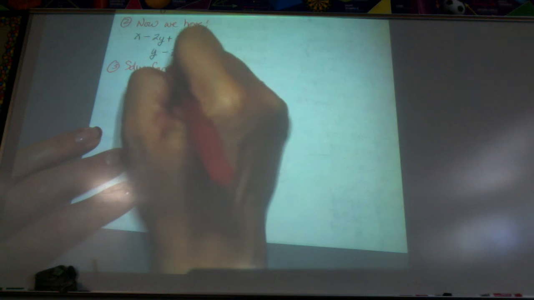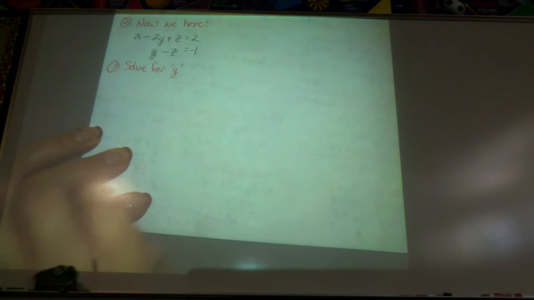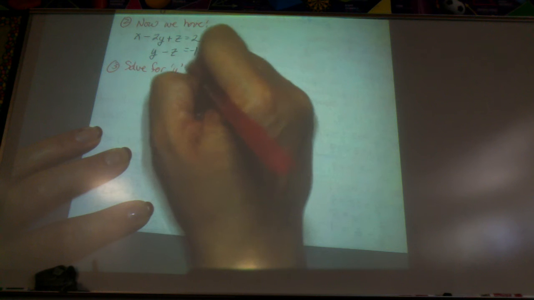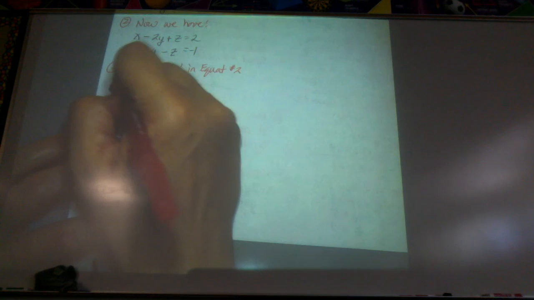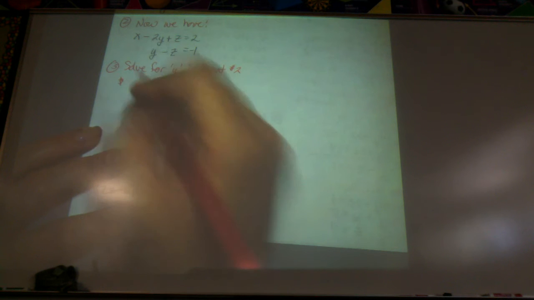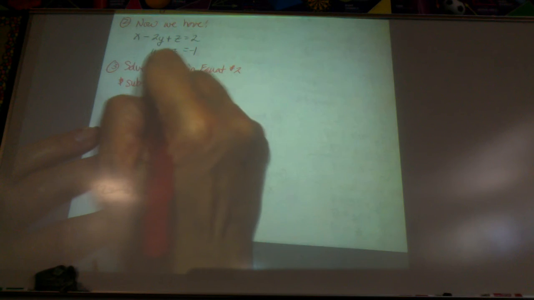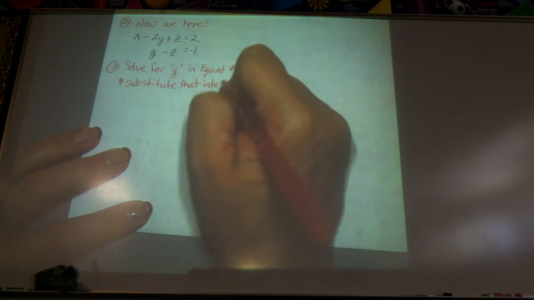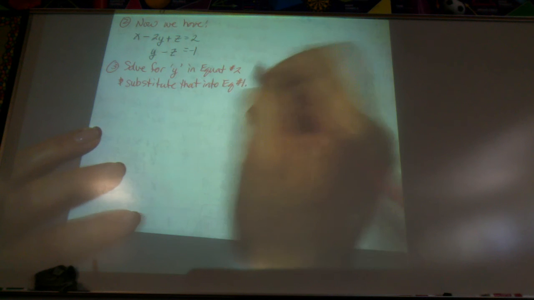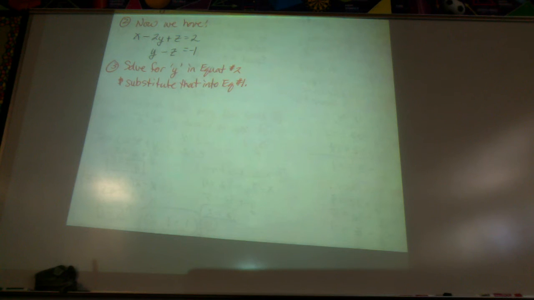You are going to solve for y in equation 2, our new equation 2, and substitute that into equation number 1. You'll see why in a minute.